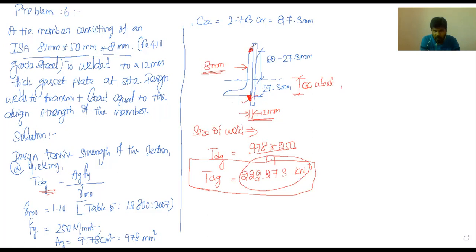Similarly at top. So the total load 222.273 is going to be divided into two portions, one at bottom and another at top. Based on that we are going to find two different lengths of weld, separate at bottom and at top, based on the nature of force. That we are going to find out now.